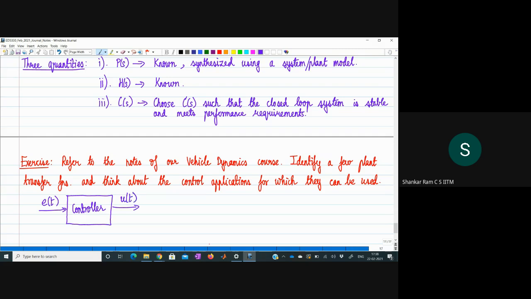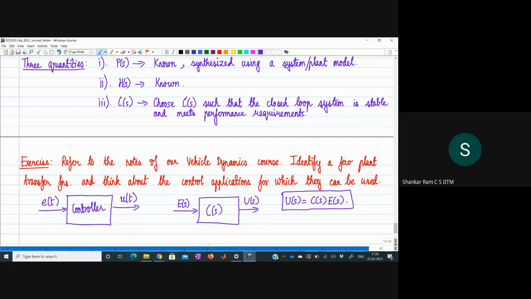So the input to the controller block is the error signal, and the output from the controller block is the control input which goes to the plant. In the complex domain, C of s will be the controller transfer function, E of s will be the corresponding Laplace transform of the error signal, and U of s will be the Laplace transform of the control input. Consequently, U of s will be equal to C of s times E of s.